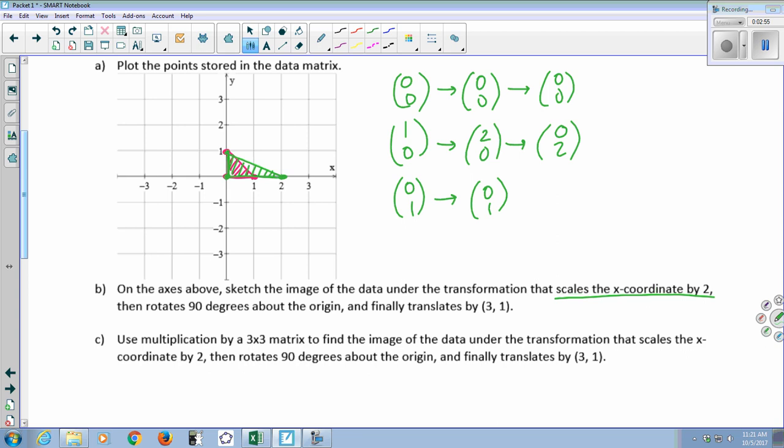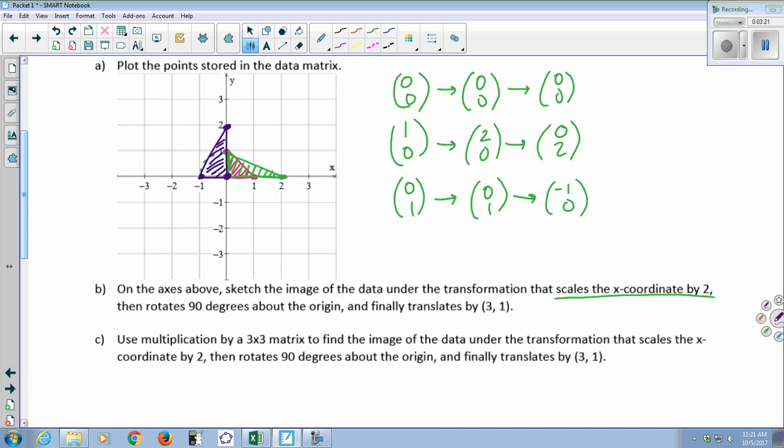And 0, 1, rotate 90 degrees, it's going to land at negative 1, 0. All right, so let's see, new color, I'll plot those points. I have 0, 0, 0, 2, and negative 1, 0. There's my triangle. It's been x-coordinate scaled by 2, then rotated 90 degrees about the origin.